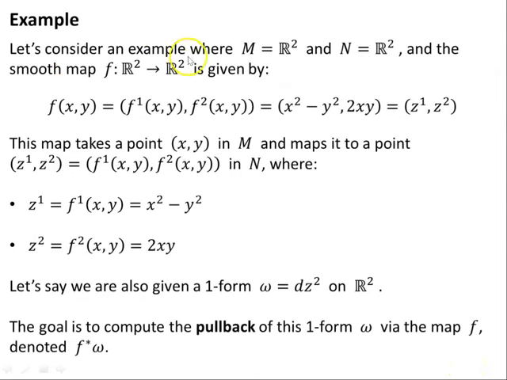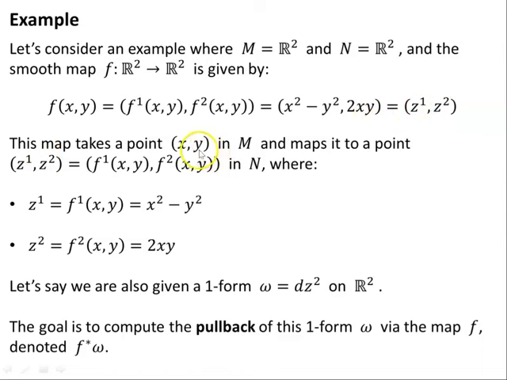Okay, so here's an example. Let's consider an example where M is R2, two-dimensional Euclidean space, and N is also R2. The smooth map F that maps R2 to R2 is given by F of (x, y) equals (F1, F2), which is x squared minus y squared, and 2xy, and that's Z1 and Z2.